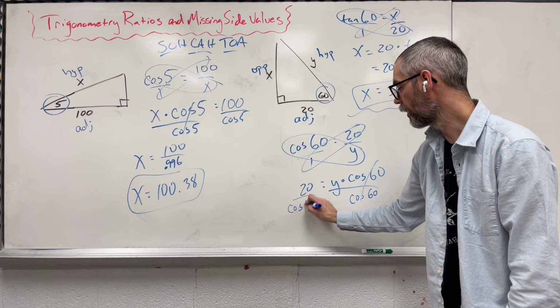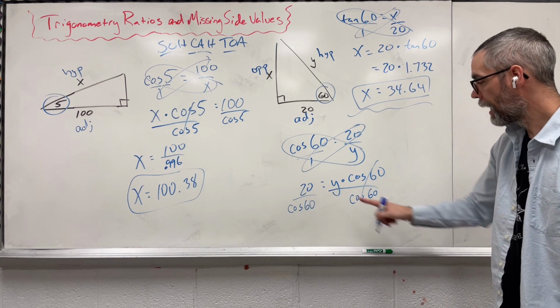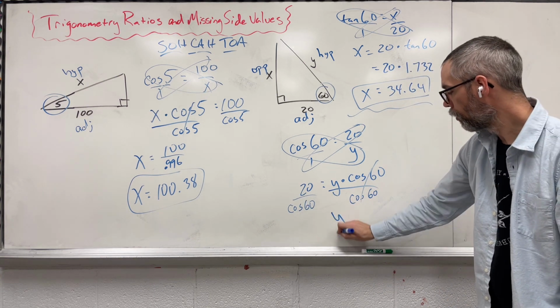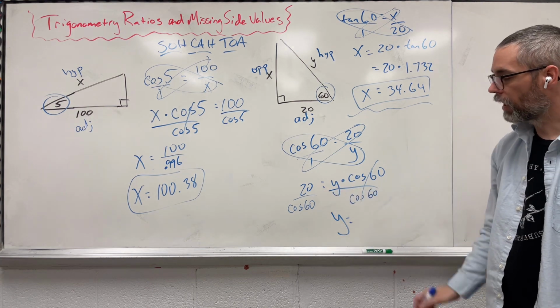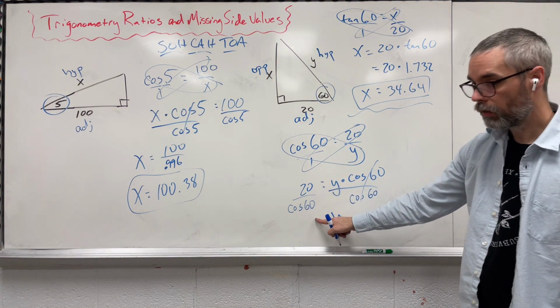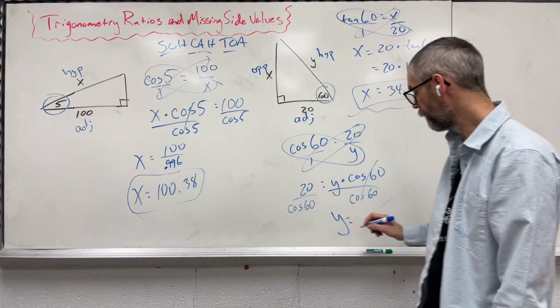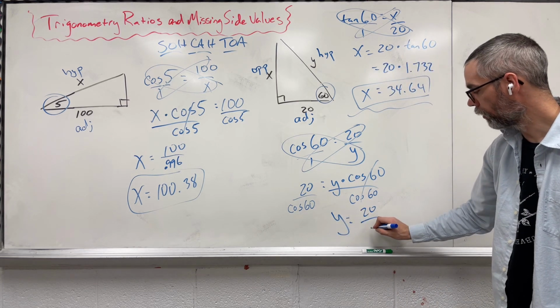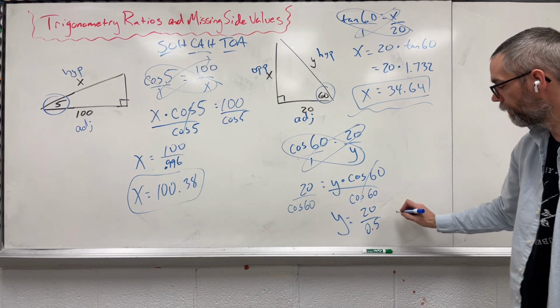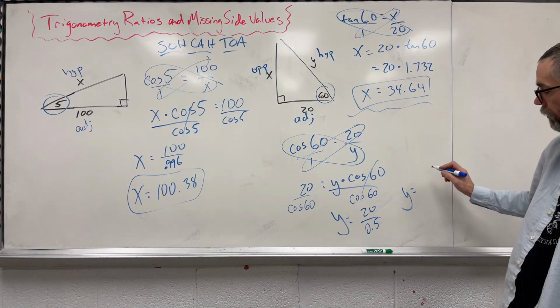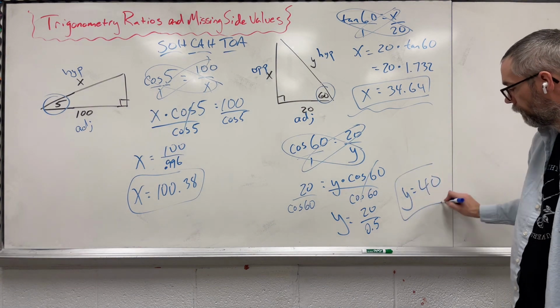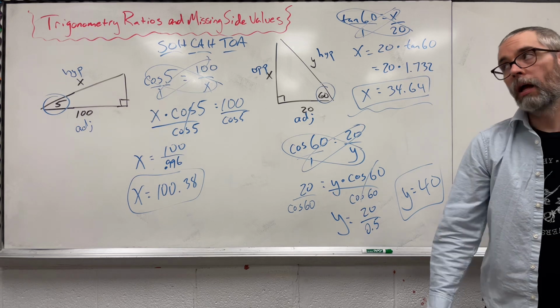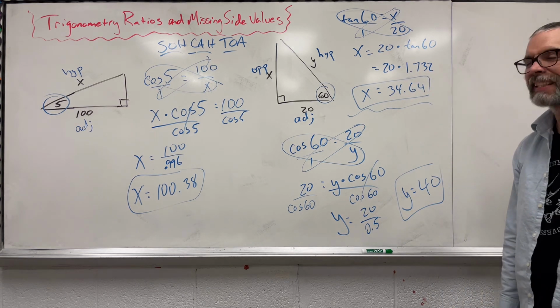Divide by cosine of 60. And now our y is all left alone. Y equals, now we just have to do some math. Cosine of 60 is going to be 0.5. So we're left with 20 over 0.5, which is y equals 40 when we do that math. And that is using trig ratios to find missing side values.